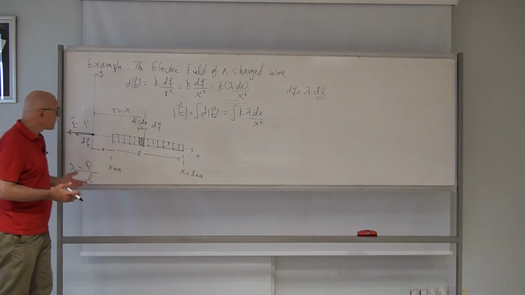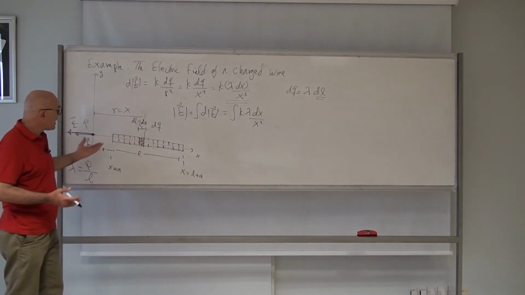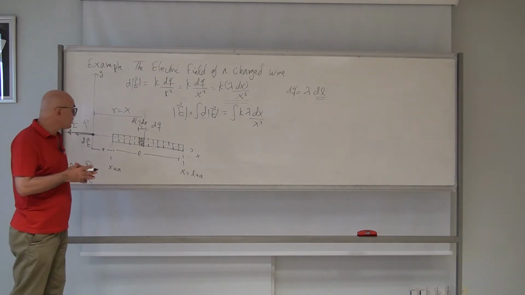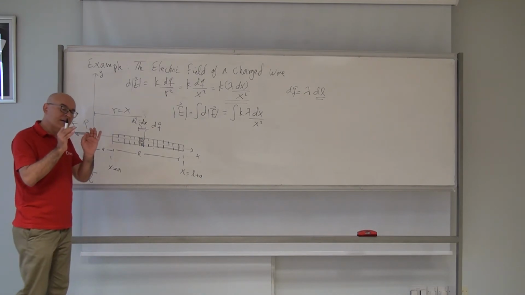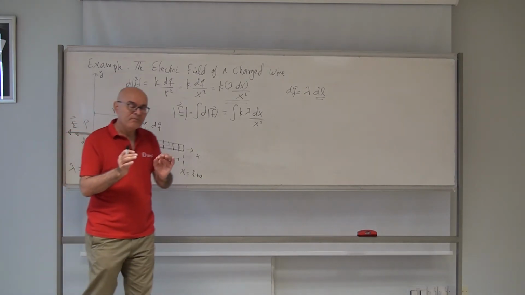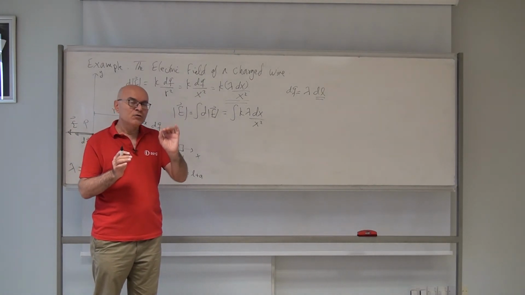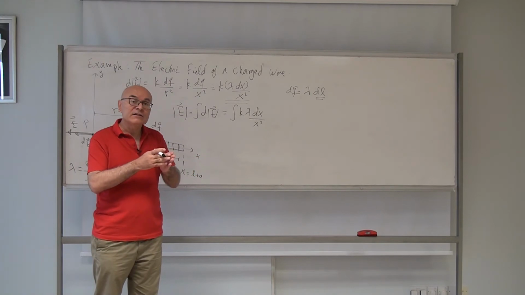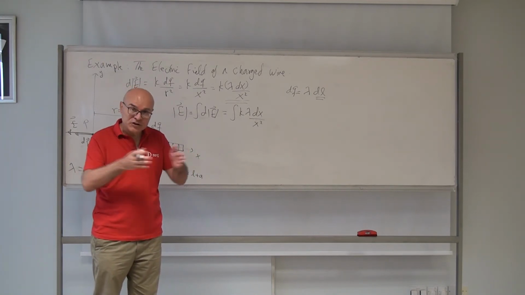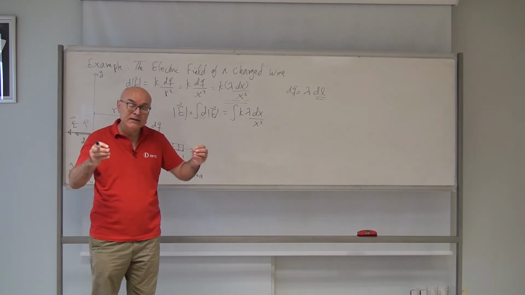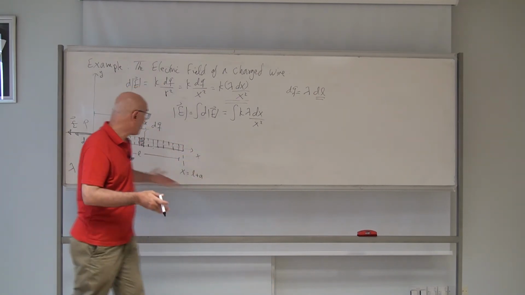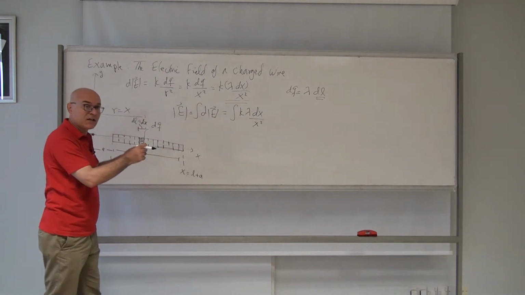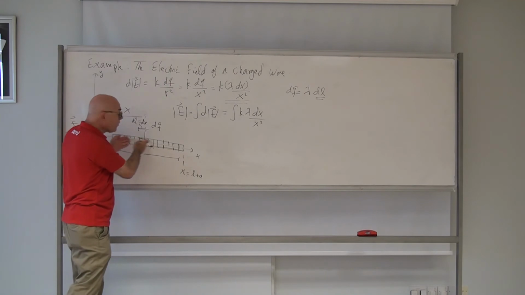So what are the limits of integration? Since my integration variable is x, x varies from where to where? The limits of the integral should be selected so that they cover the region, or in this case the length, where the charge is distributed. Now, x is a variable which goes from minus infinity to plus infinity. But in my specific case, I want to sum over all the dq's.